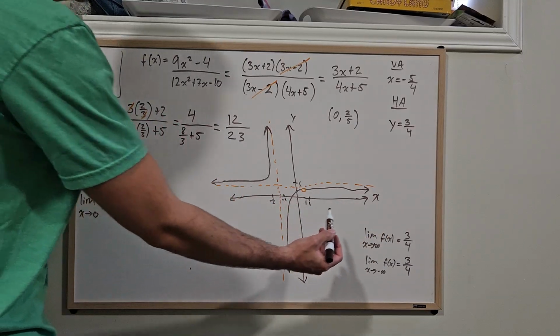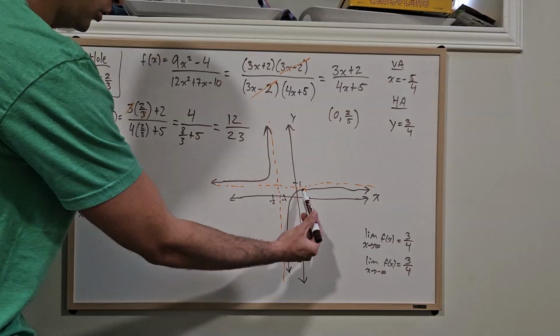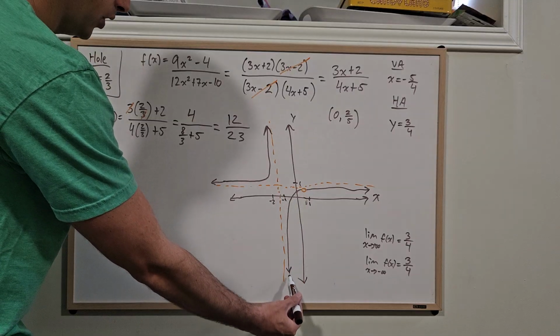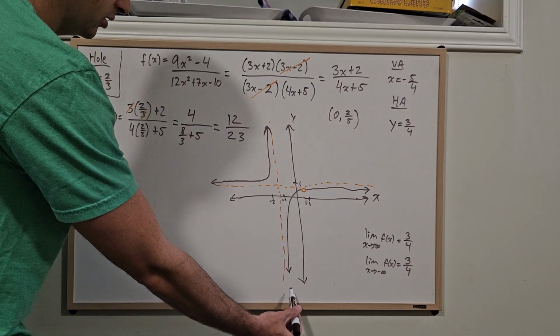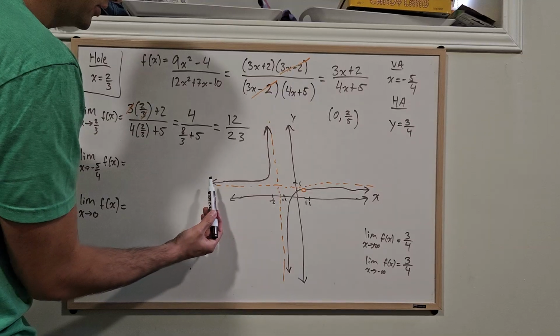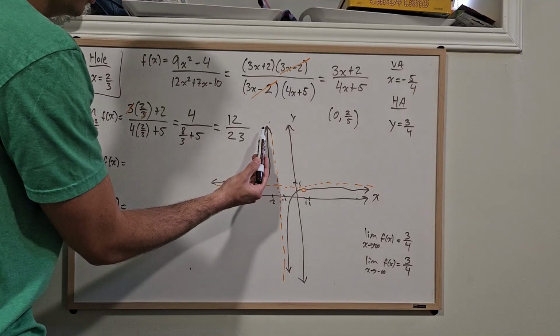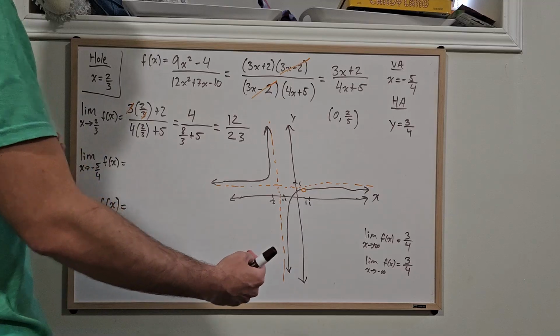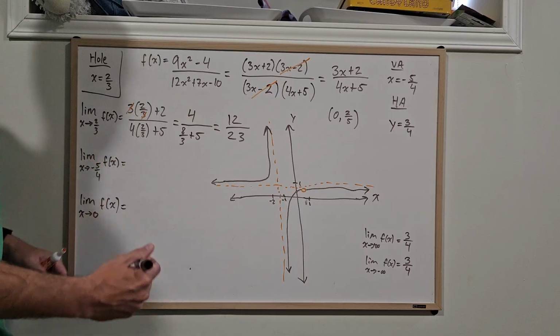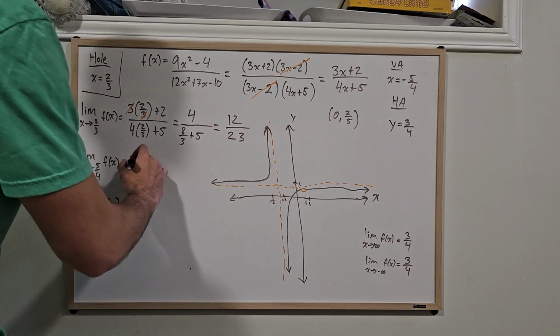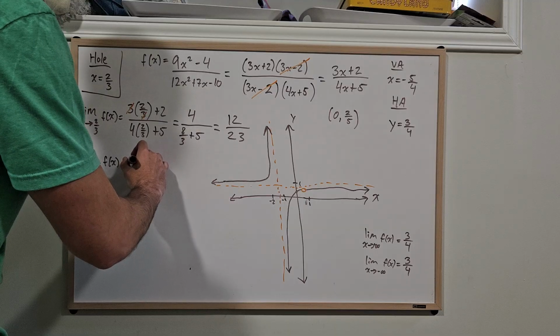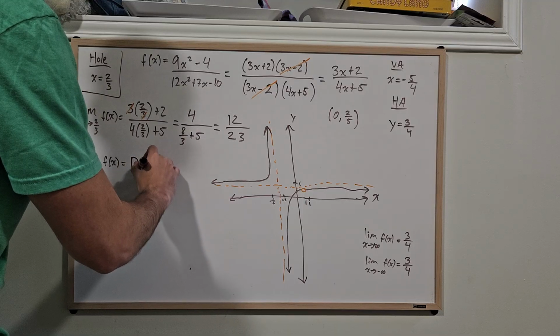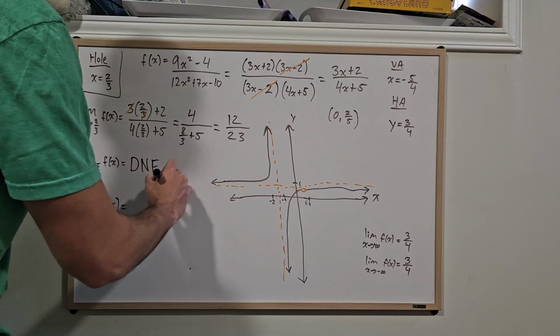Well, if we come in from the right side and we go to negative 5 over 4, from the right side I have negative infinity. From the left side I have positive infinity. So they're different from coming from the left and the right, which means the limit does not exist, okay? Does not exist.